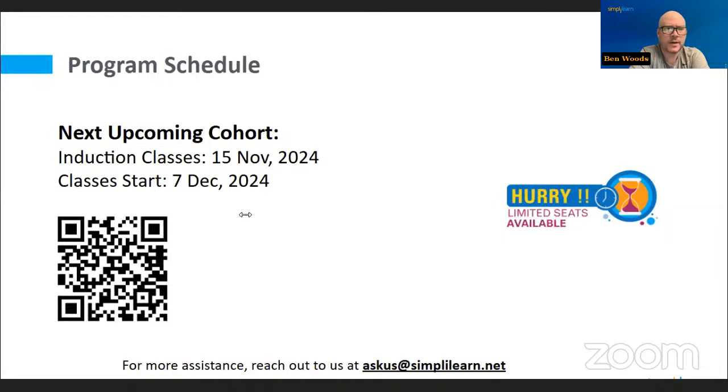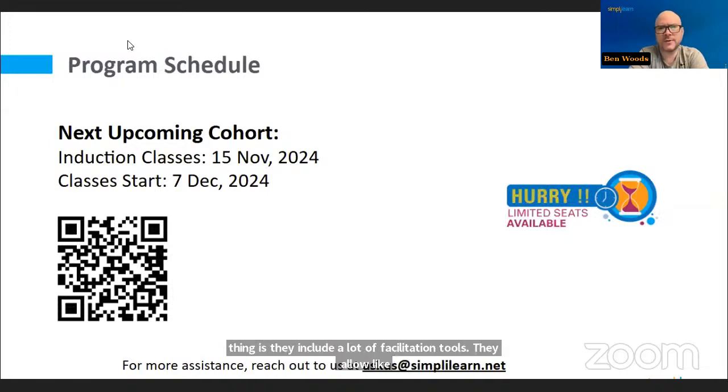So I typically use Miro. Another tool is FigJam or Mural, and these are essentially digital whiteboarding tools. The good thing is they include a lot of facilitation tools. They allow things like dot voting, polls, those sorts of things. So if I'm developing a strategy, I'm going to be using Miro or Mural or FigJam.